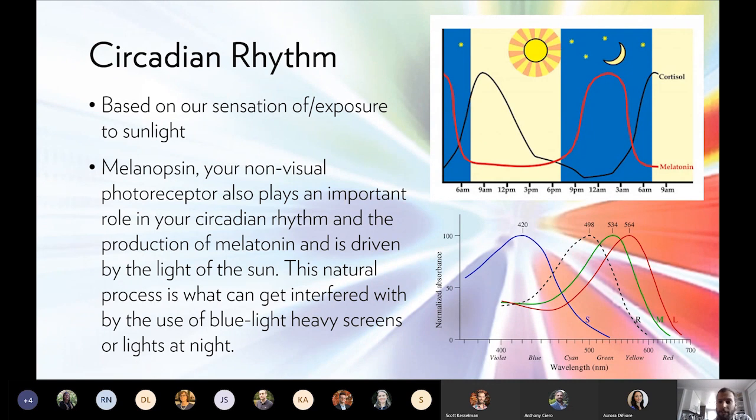But these are tied to centers of the brain responsible for melatonin production and circadian rhythm and managing hormones. And it's particularly sensitive to blue light. This is how blue light from screens can interfere with your sleep at night. It's through the IPRCGs and triggering melanopsin, your non-visual photoreceptor.